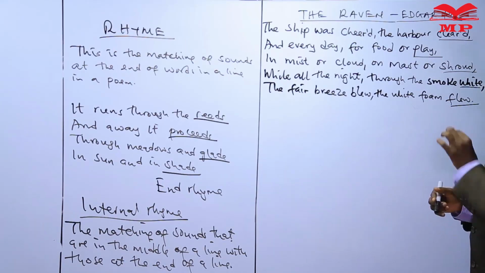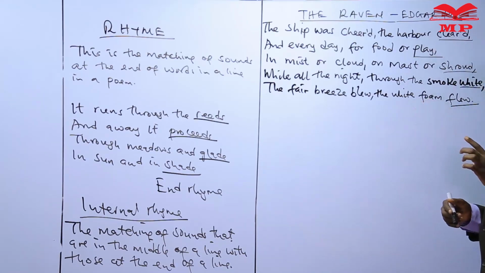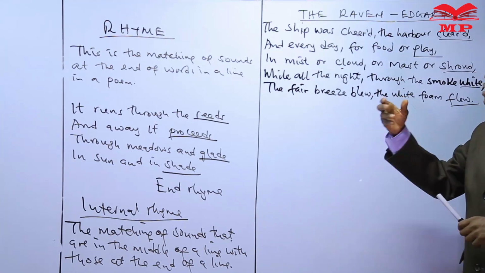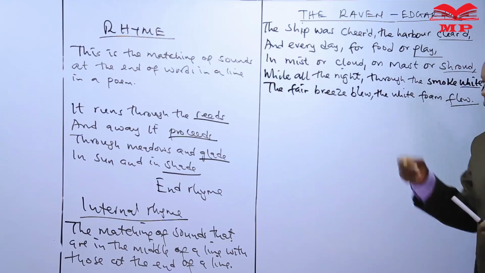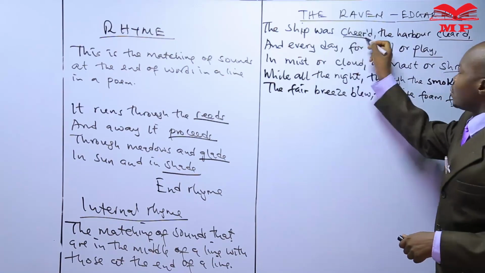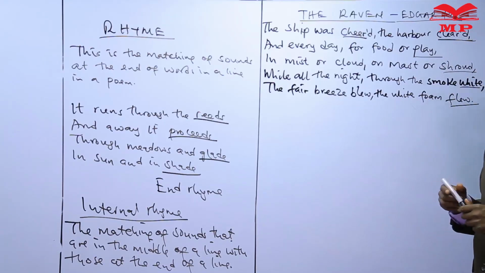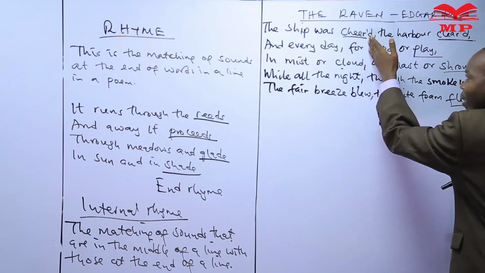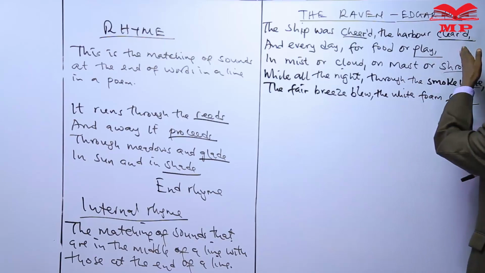The ship was cheered, the harbor cleared. Now in the first line, you can get the fact that the words cheered and cleared have the same sound. So cheered and cleared are rhyming words. It's only that cheered is coming somewhere in the middle of the line. It's not coming at the end.